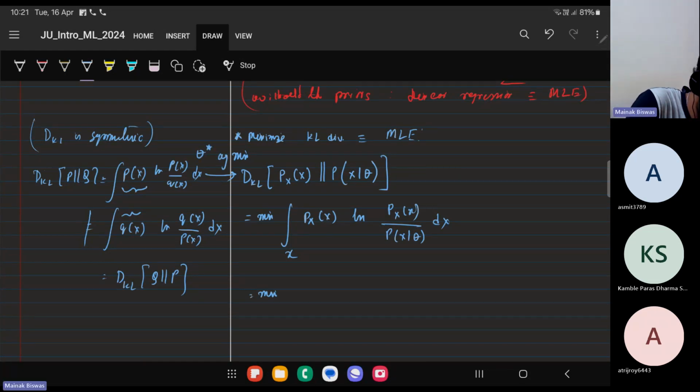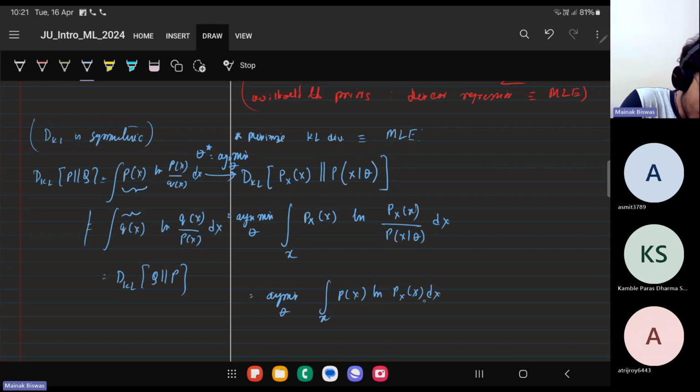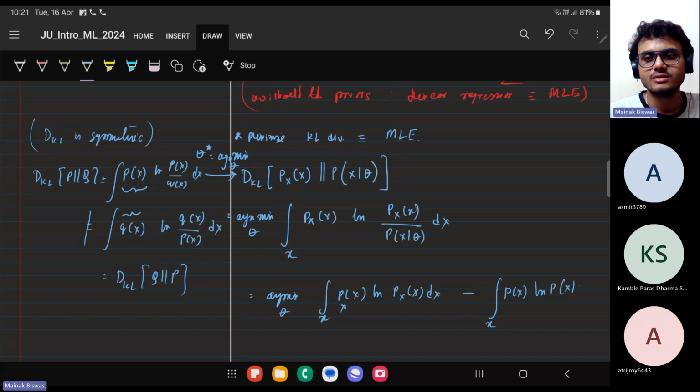Theta star is equal to argmin of this. So what is this? You will have the integral of px log px dx minus the integral of px log of p of x given theta dx. Agreed?